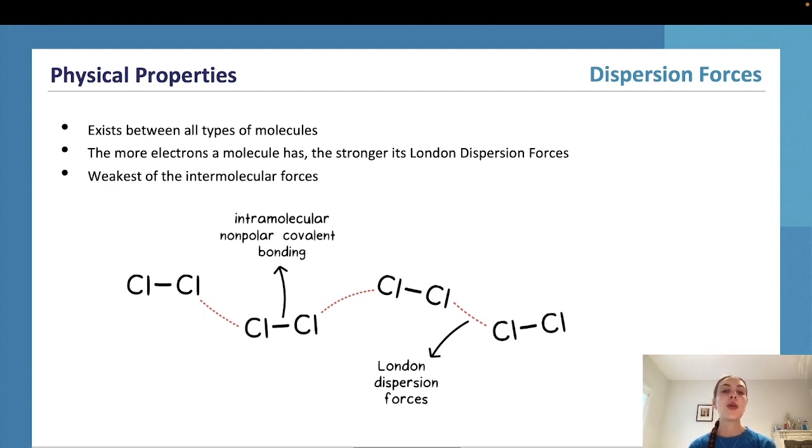The more electrons a molecule has, the stronger its dispersion forces are going to be. However, dispersion forces are the weakest of all of the intermolecular forces. So if a molecule only has dispersion forces, it's not going to have very strong intermolecular forces compared with other molecules which have a lot stronger intermolecular forces.